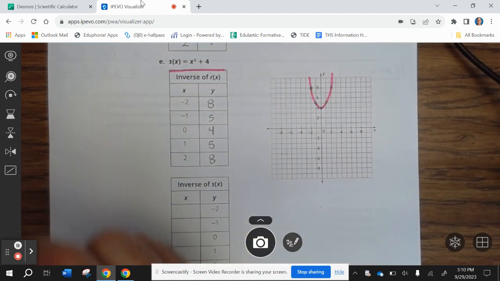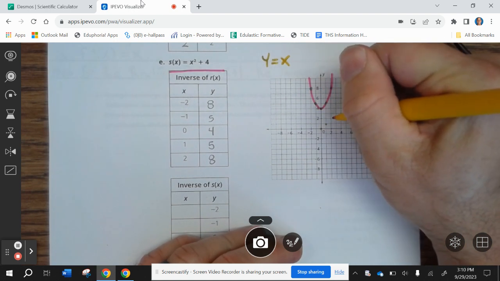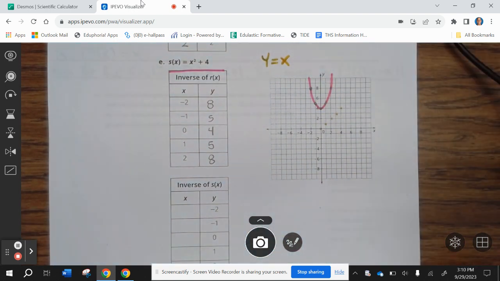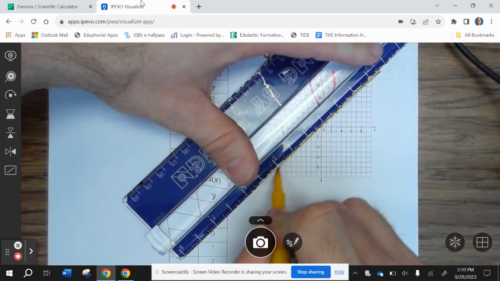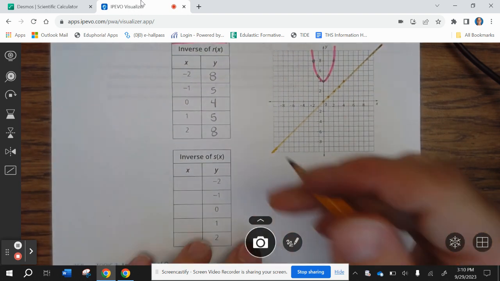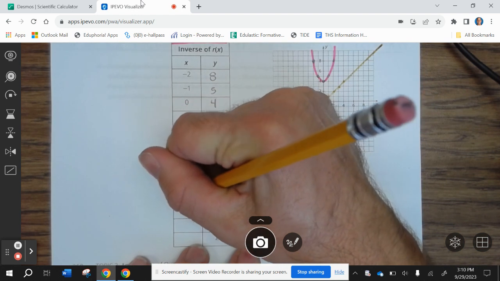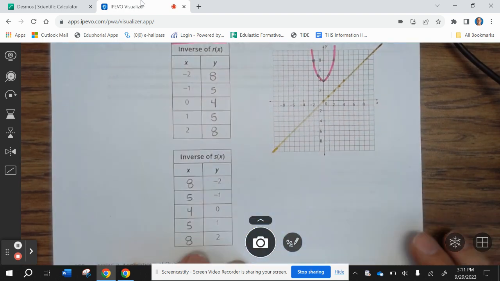And again, we always want to graph the y equals x line. And then the inverse. This would be 8, 5, 4, 5, 8.